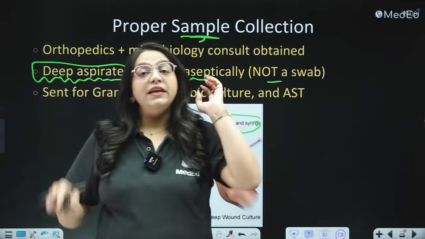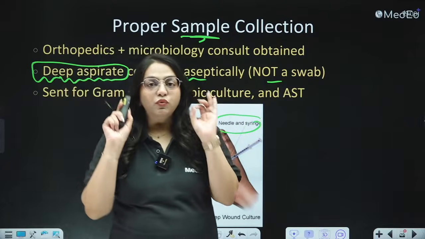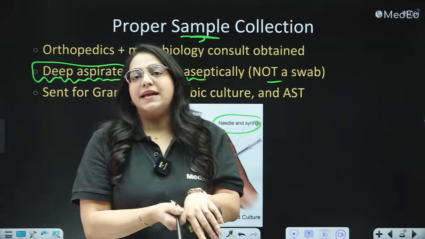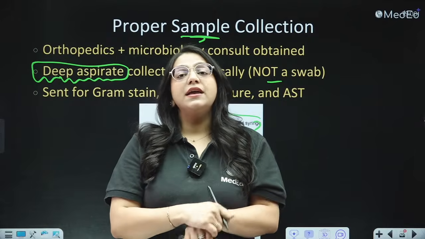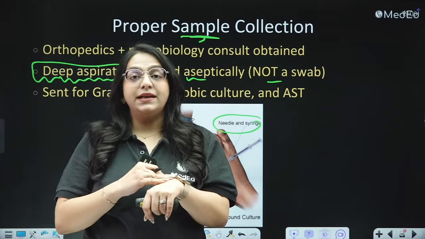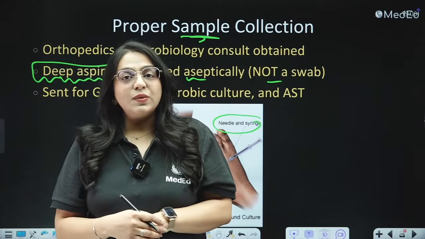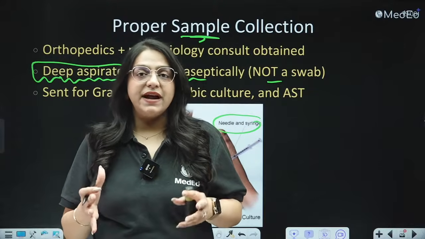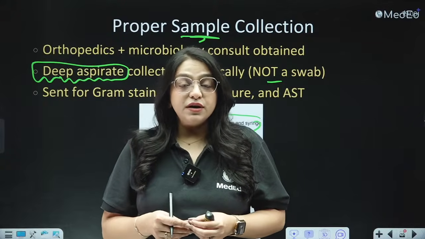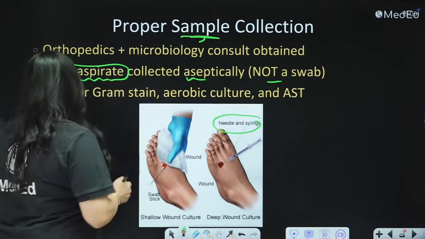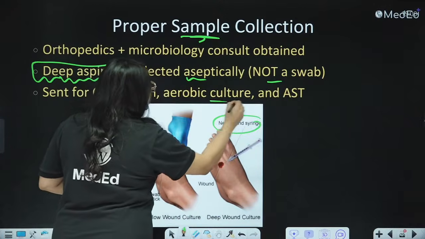So even when you have an infected wound, when you're trying to collect the pus aspirate from the deeper sites, the superficial skin should still be aseptically cleaned and decontaminated, because otherwise you're going to pick up the normal flora of the skin, and that is why it becomes very, very difficult to extract the correct pathogen in the lab, right? Now it was sent for gram stain, culture and AST.